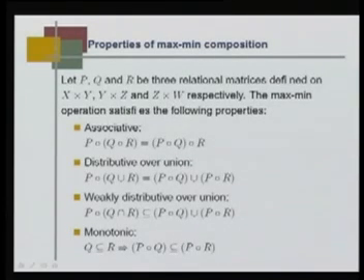And monotonic: Q is a subset of R implies P composition Q is a subset of P composition R.